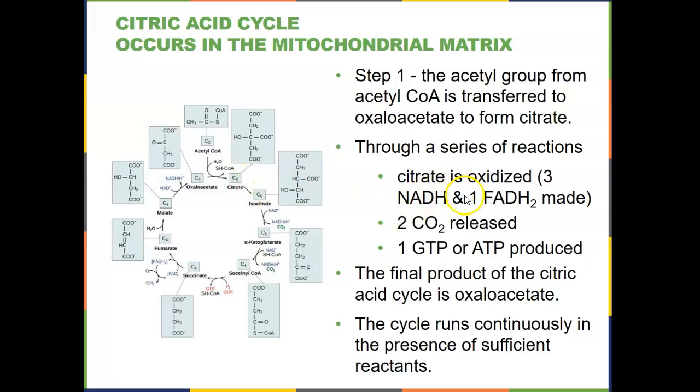So the net reaction for the entire glucose, if we have the citric acid cycle next, is that we'll make 6 NADHs, 2 FADH2s, we'll release 4 CO2s, and we'll make 2 ATP or GTPs right here, guanosine triphosphate or adenosine triphosphate. And that's the process.